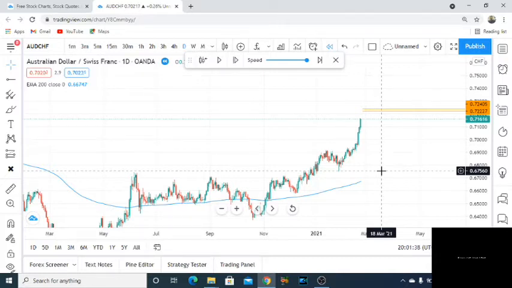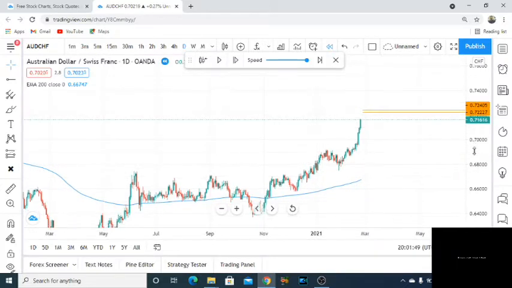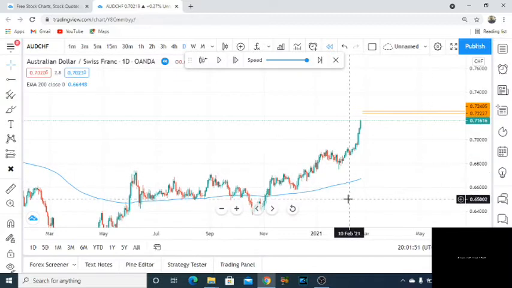Every time I explain, I take the time to make sure everybody understands. Basically, an imbalance is when the price has moved in one direction.